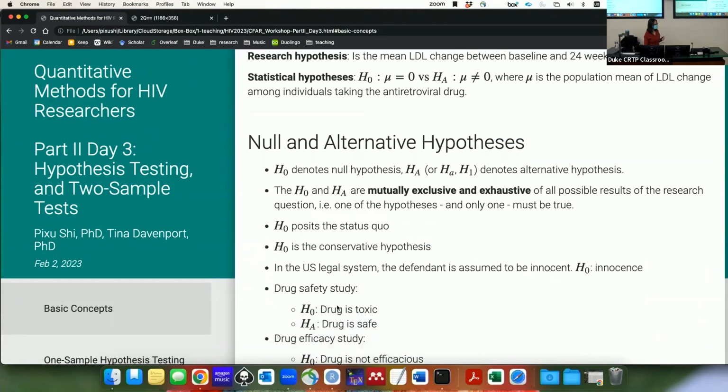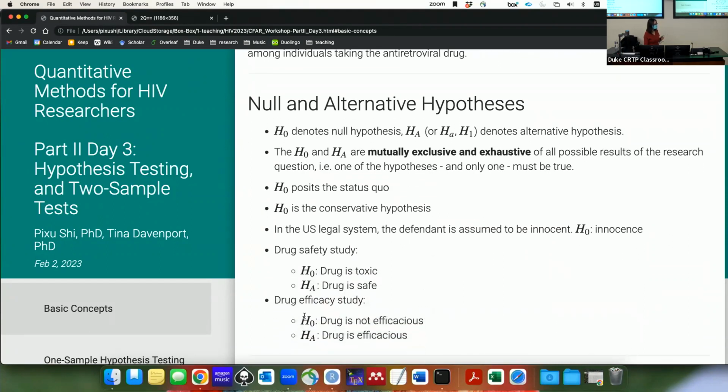For example, if in a drug efficacy study, you want to put drug is not useful in the null hypothesis. And if you want to test the drug safety, you want to put the drug is toxic in the null hypothesis, because the cost of making a wrong decision here is different. If your drug is safe and you say it's toxic, it is not going to hurt your patient.